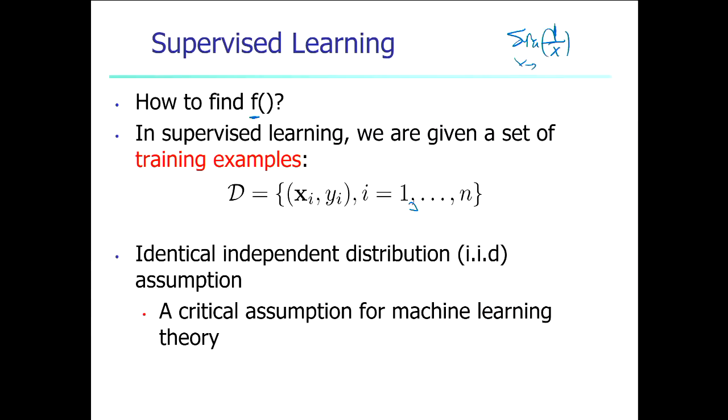When x is close to 0, it fluctuates so quickly that it's really hard to do anything with it. So we usually restrict f to belong to a certain class of functions. Sometimes we say it explicitly, sometimes we don't. For example, for most of the models we are going to talk about, f belongs to the class of linear functions.